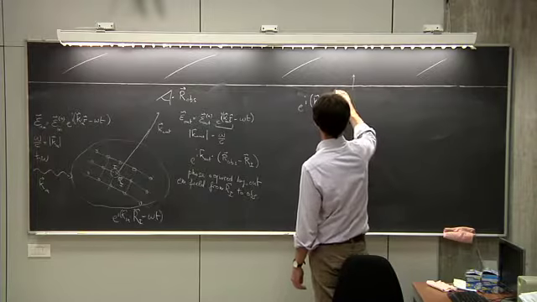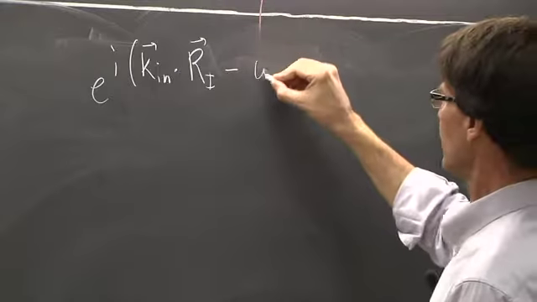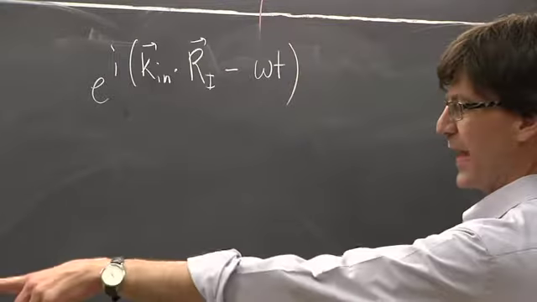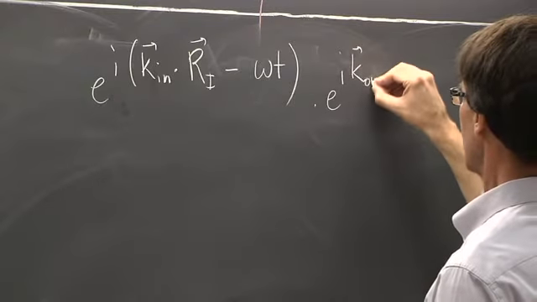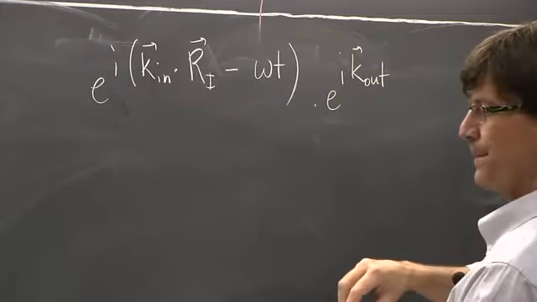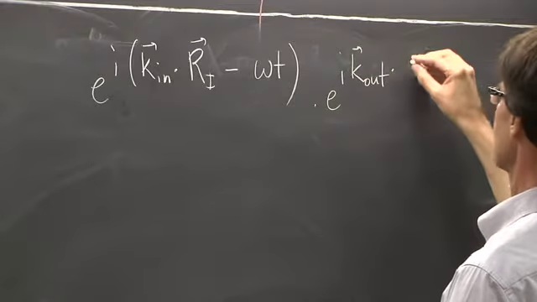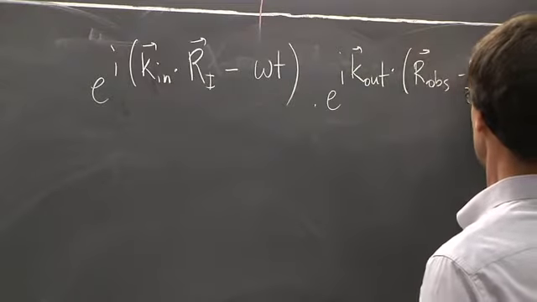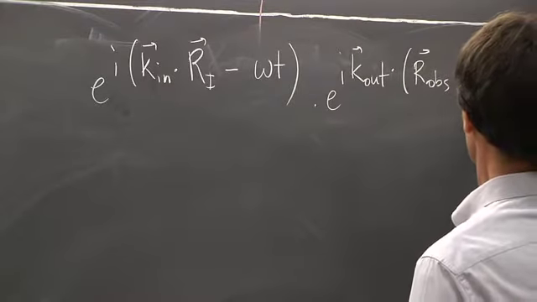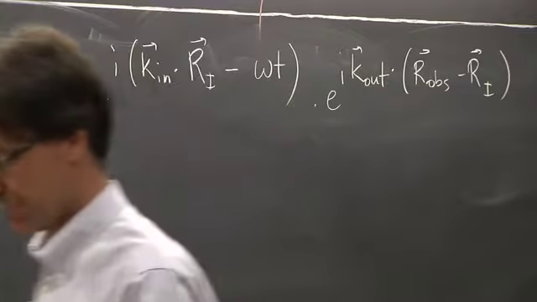So: e to the i k in dot Ri minus omega t, times e to the i k out dot R observer minus Ri. Right?